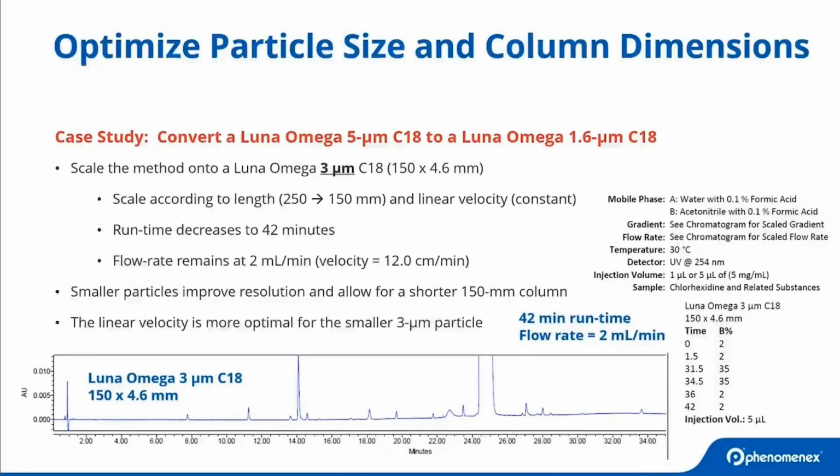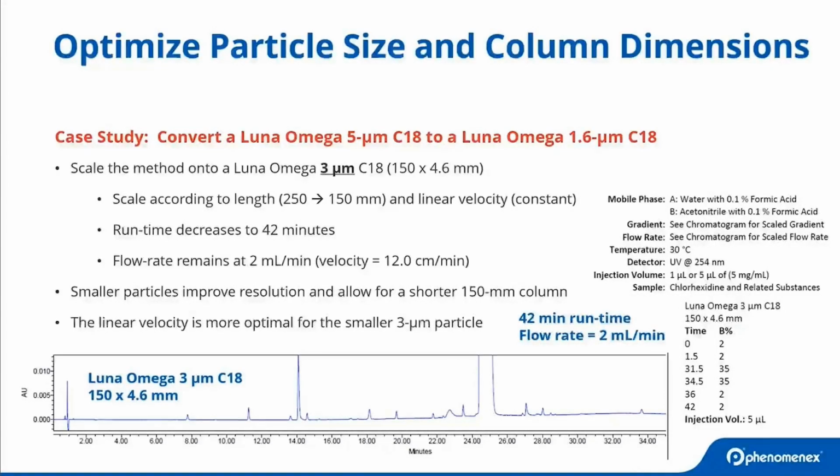Upon using a smaller particle size, we generated sharper peaks, which improved the resolution to the point where we could then consider using a shorter column. This returns us to the same resolution with which we began, but it does so with a 42-minute method.